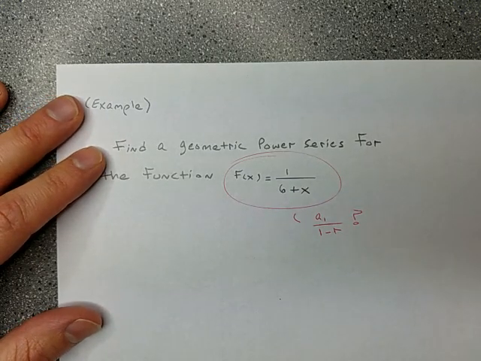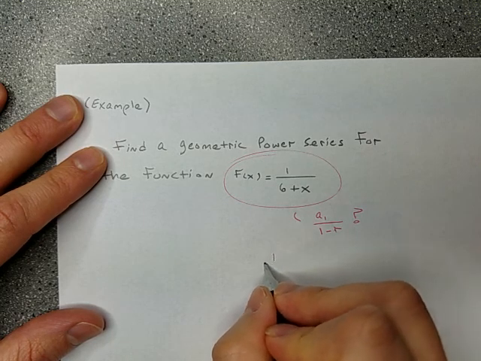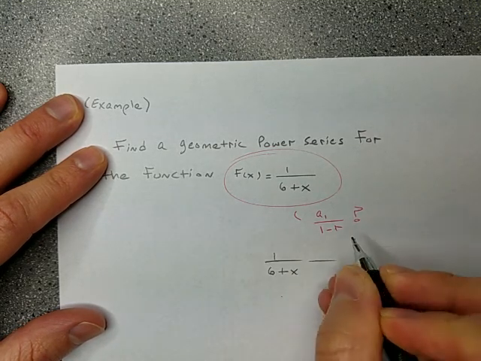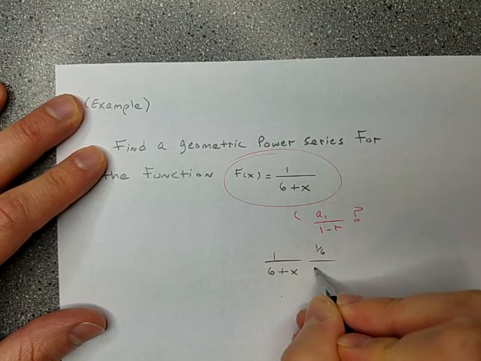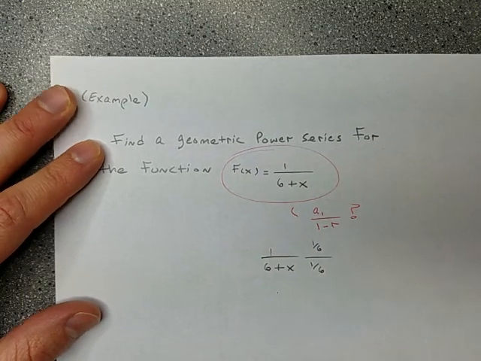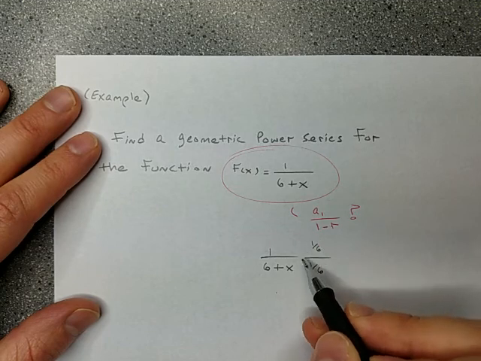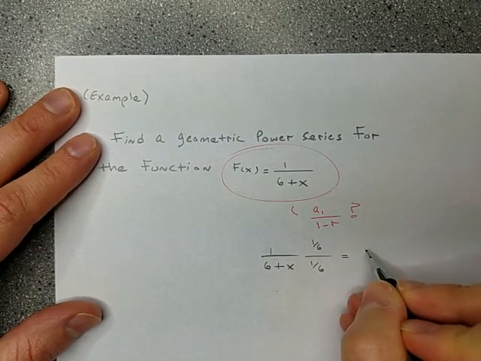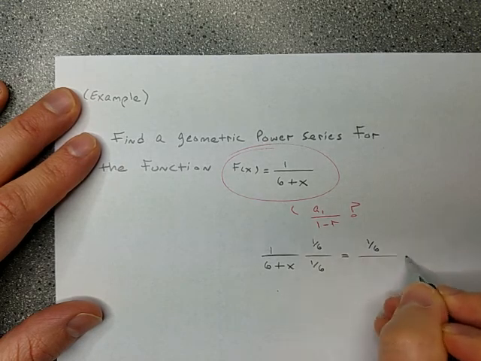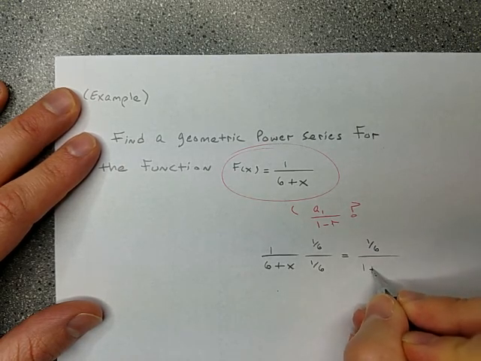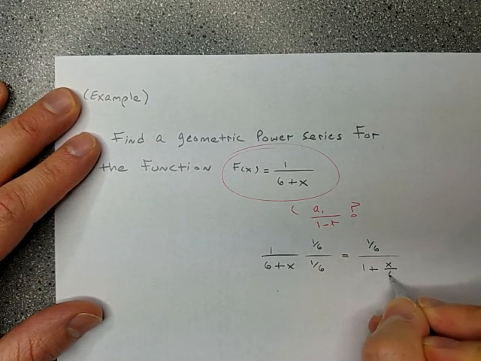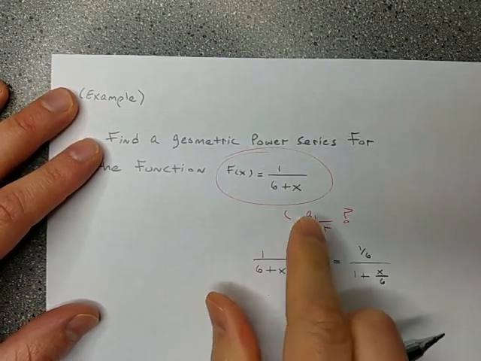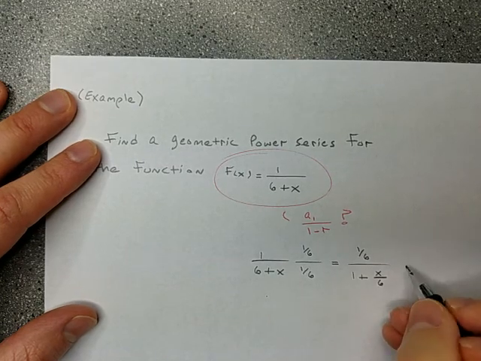So what I'll do is I'll take this 1 over 6 plus x, and it being a fraction, I can multiply both the top and the bottom by 1 over 6. That's effectively multiplying it by a 1, so I can do that. So I'll get 1 over 6, and then 1 plus x over 6. Okay? And now I'm almost there. I'm almost seeing it the way that I want to see it.